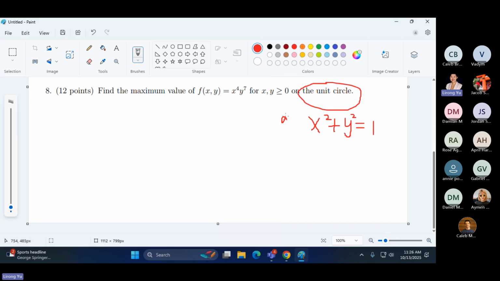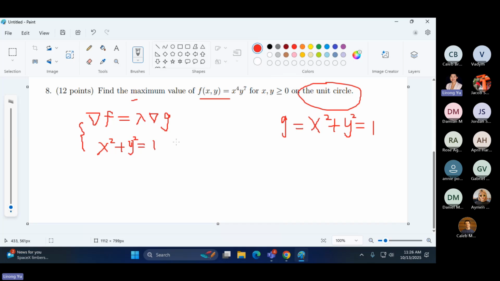So let's call that g. Okay, this is our f. So we are maximizing this function with this constraint. So according to the Lagrange multiplier method, the gradient of f should equal lambda times the gradient of g. So this will give us two equations. These two equations together with the constraint equation, x squared plus y squared equal 1.